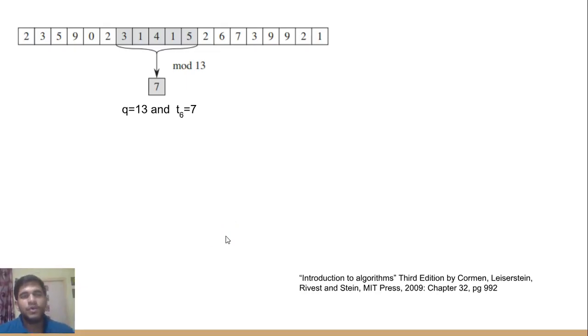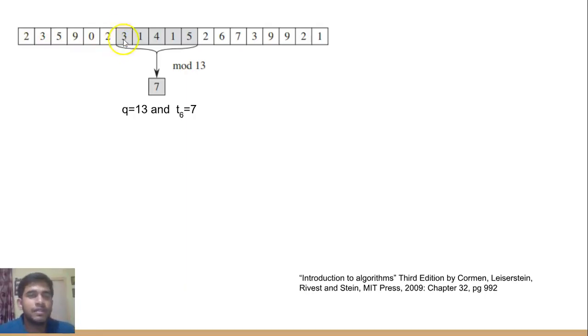Well, let me go over all this once again with an example. So, let's say this whole was a text string and we've chosen the value of Q as 13 and then we'll try to solve for T6. T6 means the value of shift is 6, so as we begin with 0 here, T0, T1, T2, T3, T4, T5, T6 starts from here.